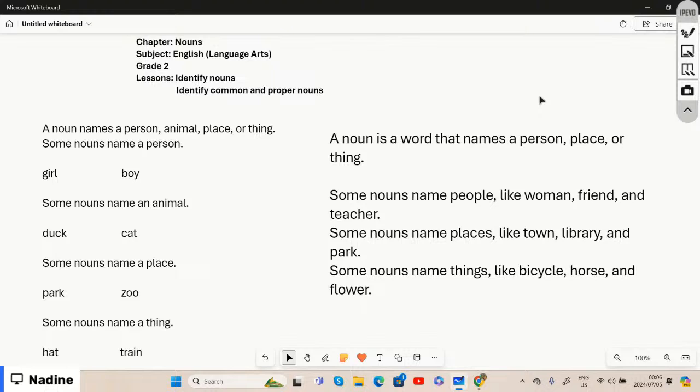And then we have some of our nouns that, for example, name an animal. Like, for example, duck, cats, dogs, snakes, lions, giraffes, right? Those are nouns that name animals. And then some of our nouns name places, right?